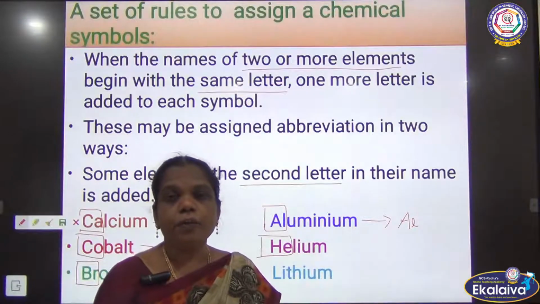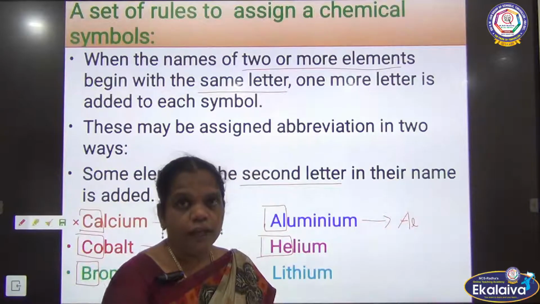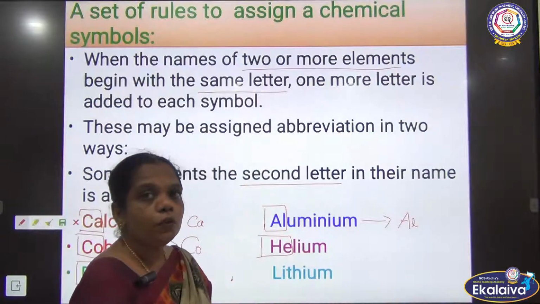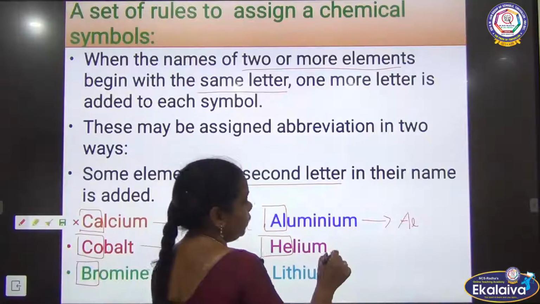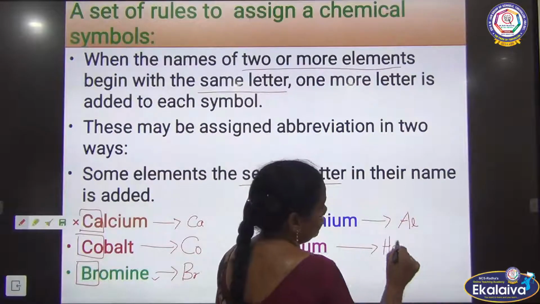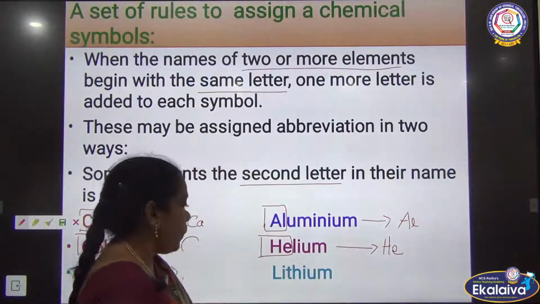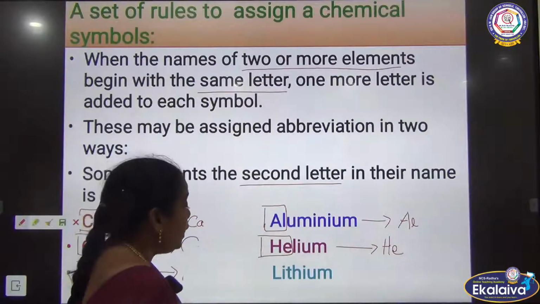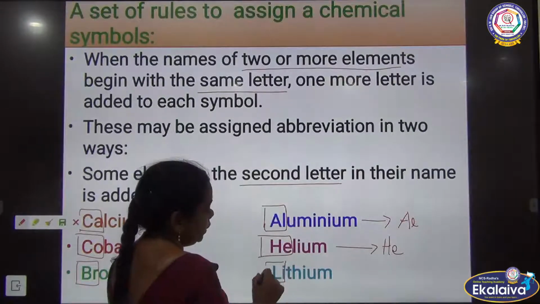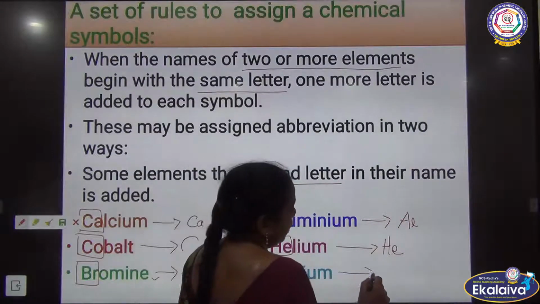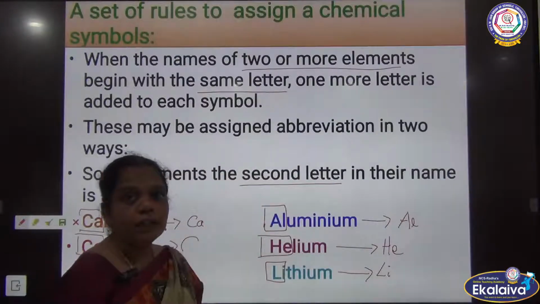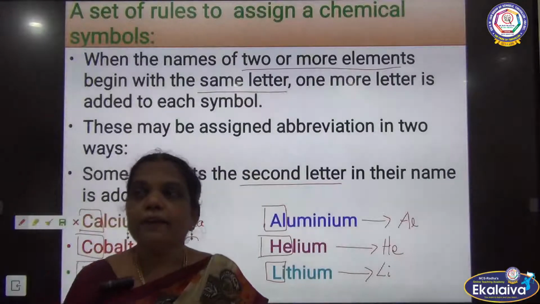So we cannot give the same symbol to another element. So the first two letters, He. And next, lithium. What are the first two letters of lithium? Li. So like this you are going to assign the symbol.